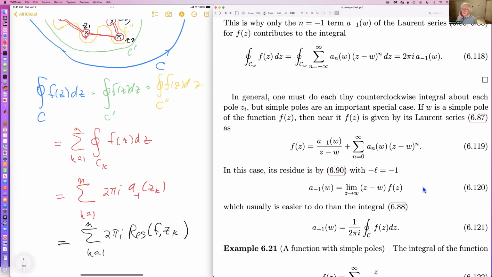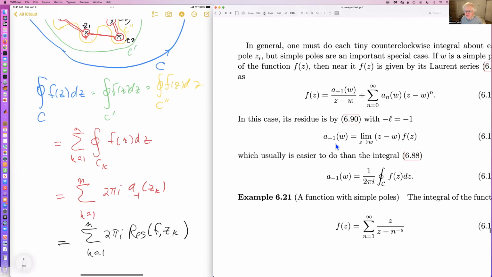In general, you have to do each of the tiny counterclockwise integrals. But simple poles are special cases. If w is a simple pole, then the function near w is just a -1 of w over z minus w, and a -1 is just a constant.